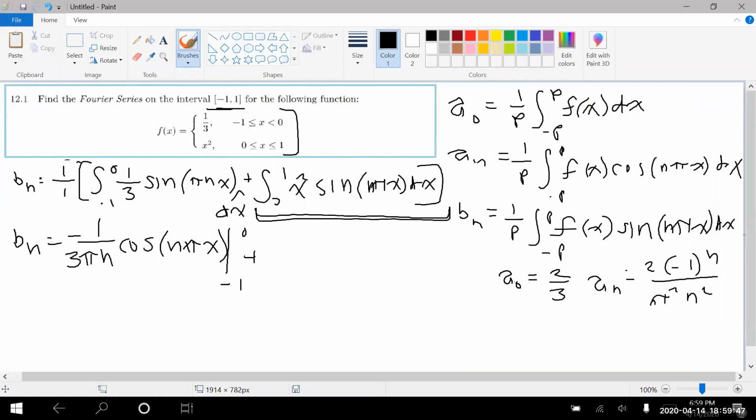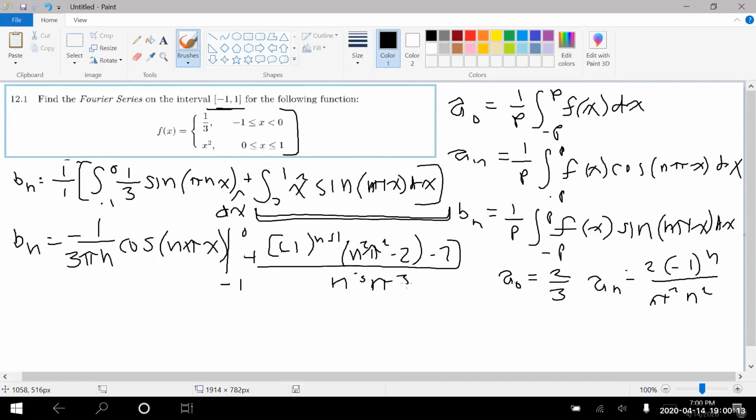Plugging in those values, we will get negative 1 to the n plus 1 times n squared pi squared minus 2, all over n cubed pi cubed.